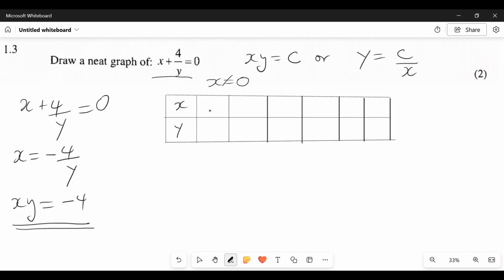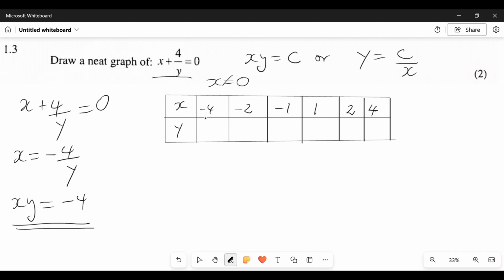I advise you to use multiples of 4, because 4 is our constant, but you can use any numbers as long as there is no 0 for x. So let's do it. I'm going to use negative 4, negative 2, negative 1, and then 1, 2, and positive 4.